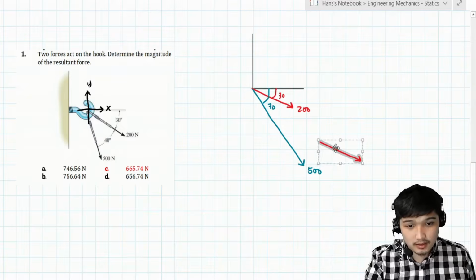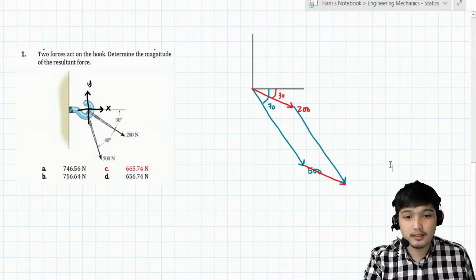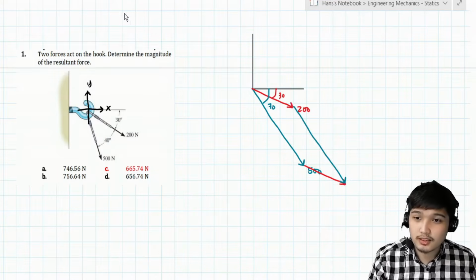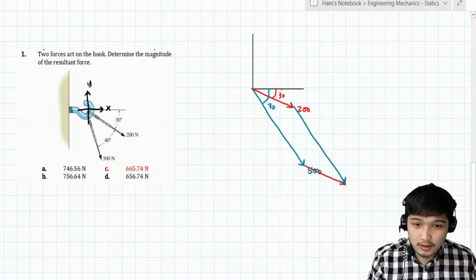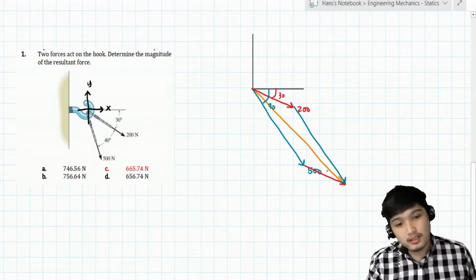Graphically. So, gawa tayo ng parallelogram. Ganyan. Saka dito. Okay. Ayan. So, yung diagonal niyan. So, ito yung diagonal, no? So, pwede na yan.